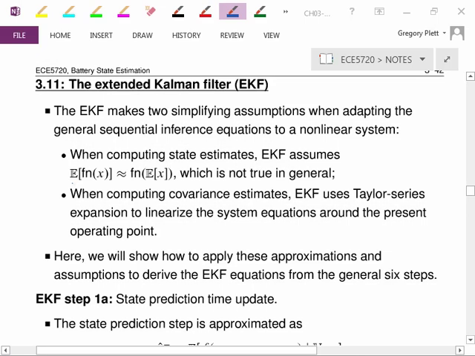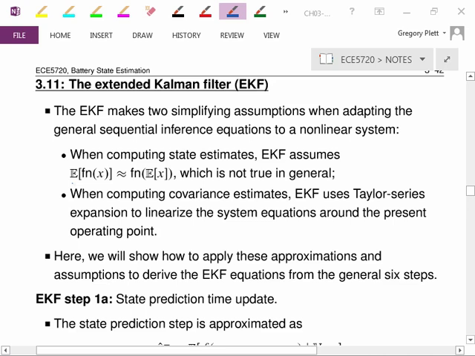The extended Kalman filter is derived from the general sequential probabilistic inference steps by making two critical assumptions in different places in the algorithm. The first assumption has to do with when we're computing the estimate of an output of a nonlinear function, and this includes the state estimate in step 1a and the output estimate in step 1c.